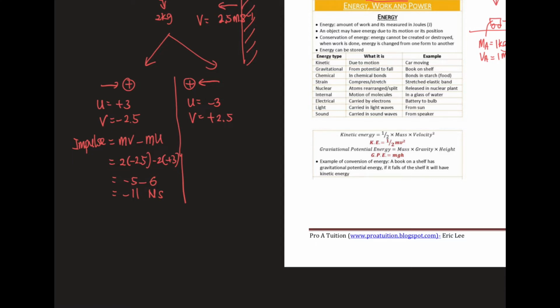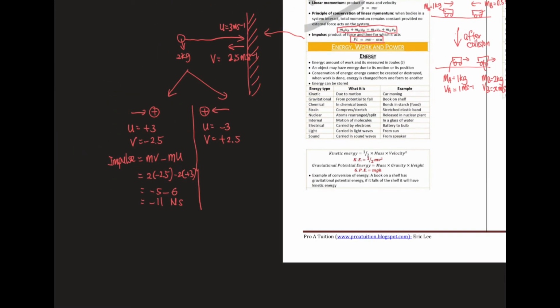It seems to prefer the final answer for impulse to be a positive value. So because of that, this way is something that you normally see in the mark scheme, so that you get a positive answer. So it's still mv minus mu.